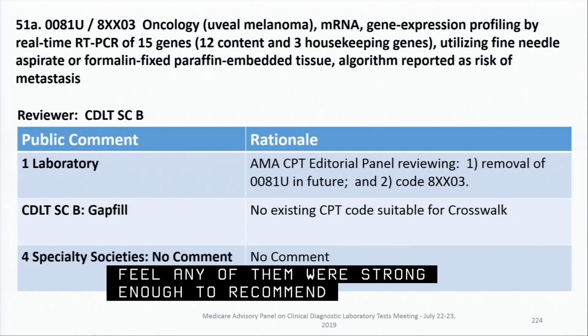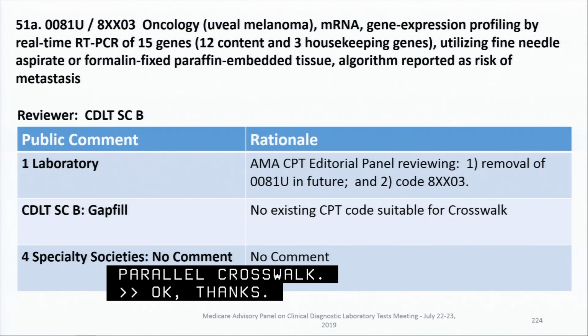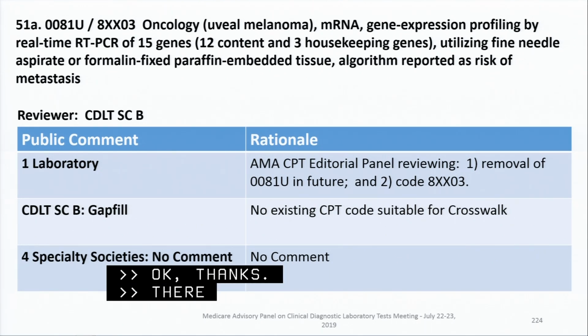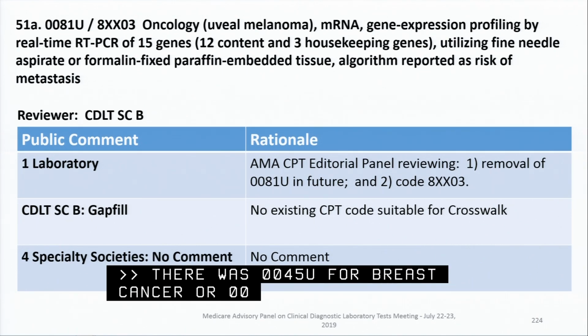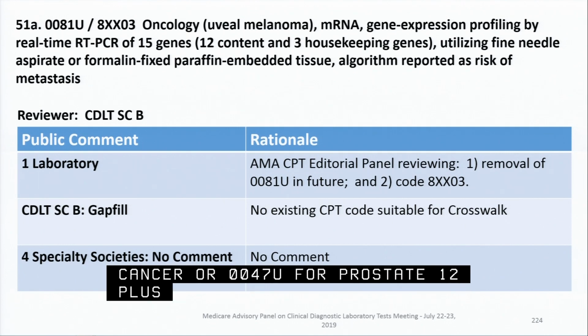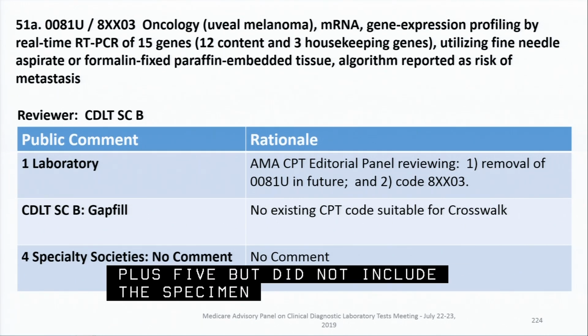Okay, thanks. There was 0045U for breast cancer, 7 genes plus 5 housekeeping, or 0047U for prostate, 12 plus 5, but that did not include the fine needle aspirate specimen type, only the FFPE. That was Dr. Schoonmaker speaking. Sorry, and could you repeat those codes, please?